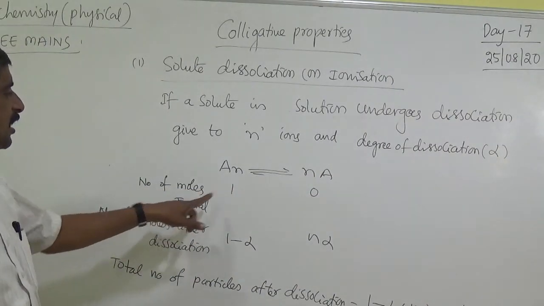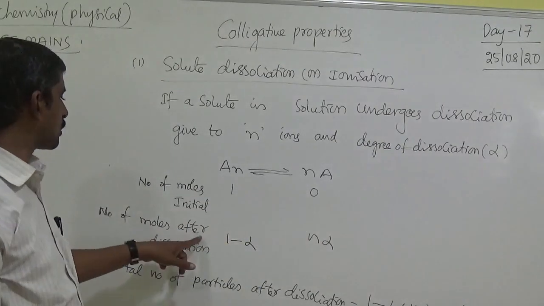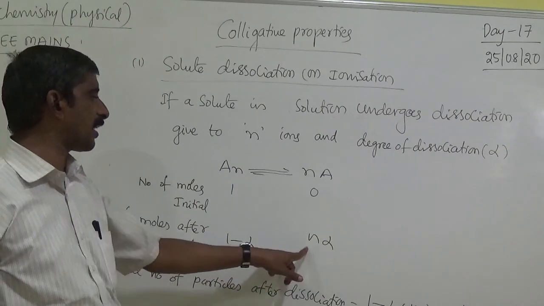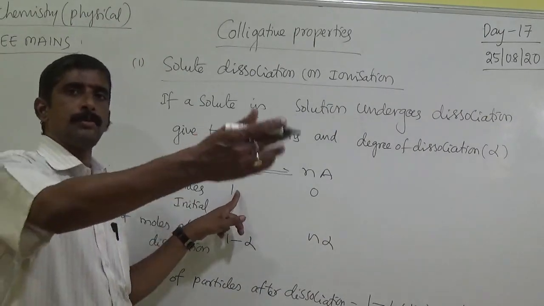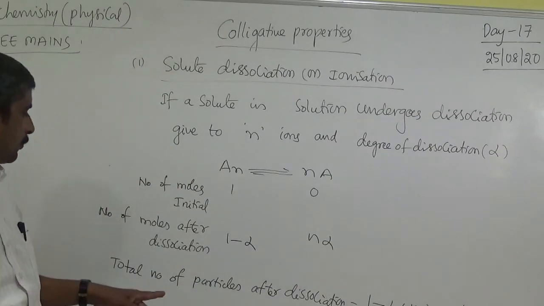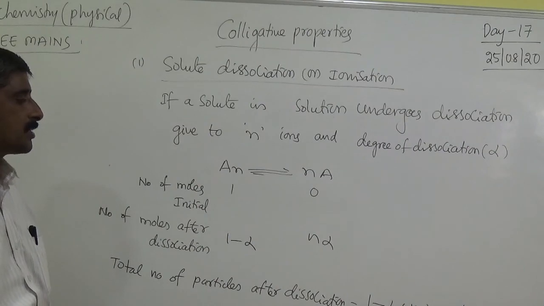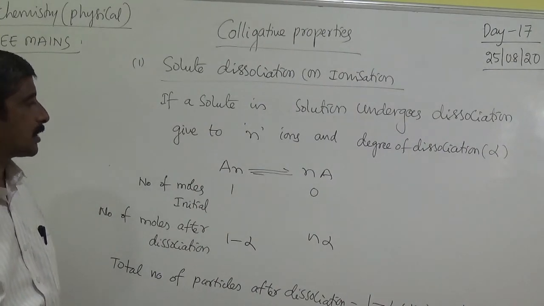Number of moles initially 1, 0. According to the equilibrium concept, number of moles after dissociation is 1 minus alpha, n alpha. Total number of particles after dissociation equals 1 minus alpha plus n alpha, which is simply 1 plus (n minus 1) alpha.